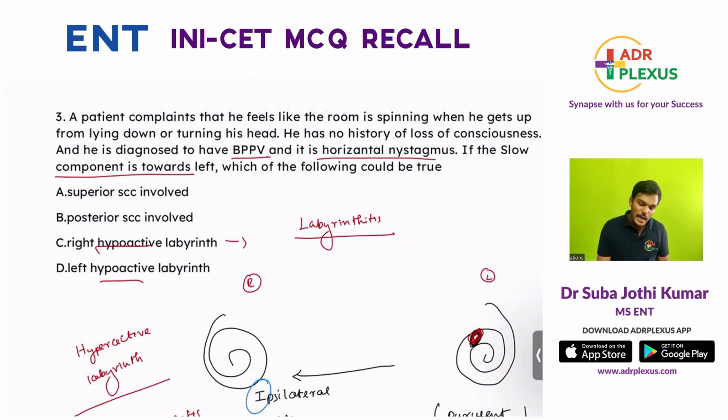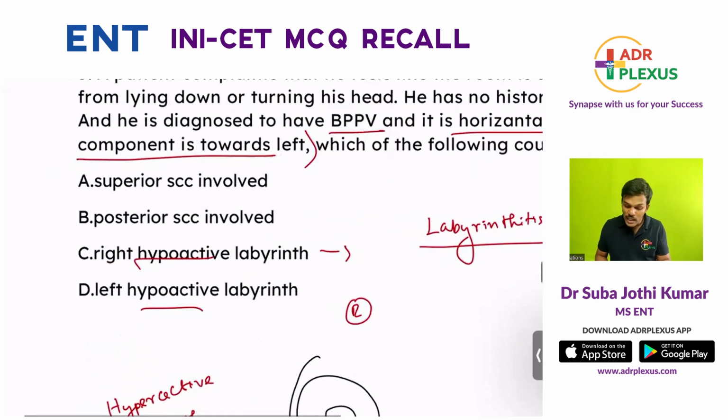If there is a right side BPPV, it depends on the direction of the fast component. Clear? If the slow component is to the left in this BPPV, the fast component will be to the right. So it could be a right-sided BPPV. Are the options given as right-sided BPPV or left-sided BPPV? No. The options are given as superior semicircular canal involved or posterior semicircular canal involved.